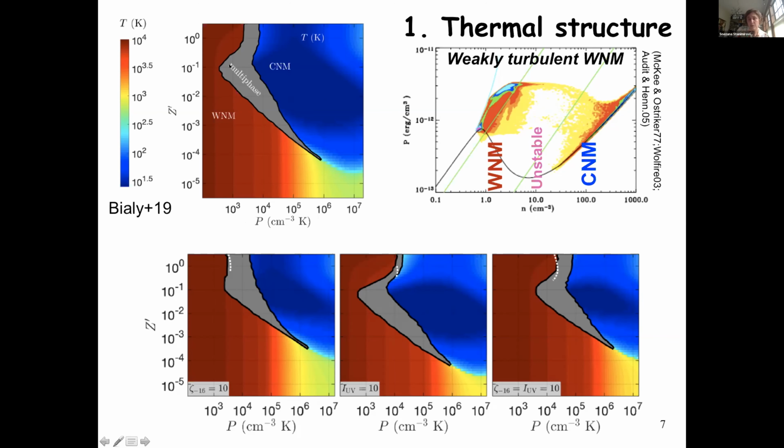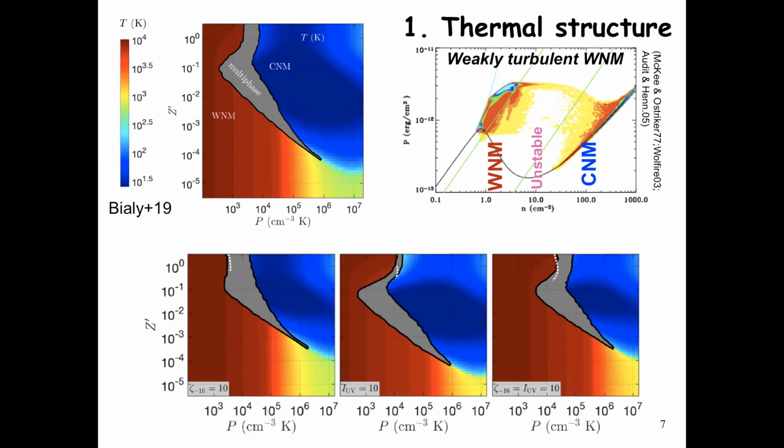And that multi-phase region is shown in gray. And just as a snapshot, you can see that if we change interstellar conditions, if we change the radiation field, if we change the metallicity, the conditions for existence of the multi-phase medium should change. And of course, this is what we want to test in the observations.